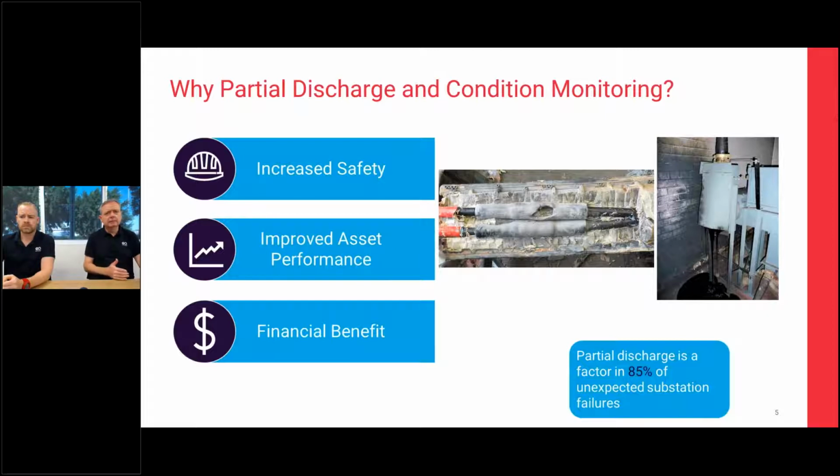And that can be much, much greater depending on what it is. But the fact of a planned outage versus an unplanned outage typically will give you at least a 33% saving.